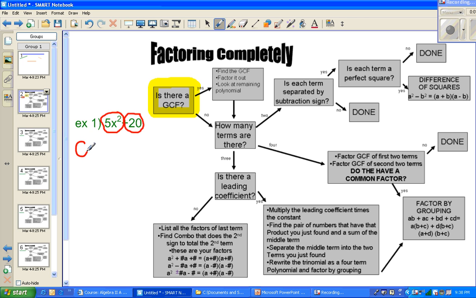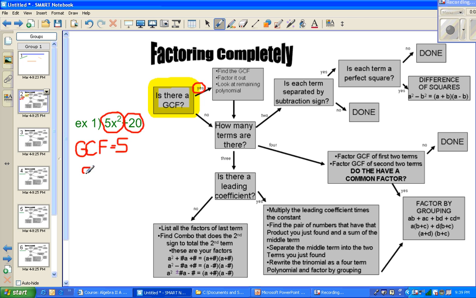They don't both share a common variable, but between those two terms, there is a GCF of 5. So our answer here is going to be yes. So we need to figure out what the GCF is. It's 5, and you need to factor it out.